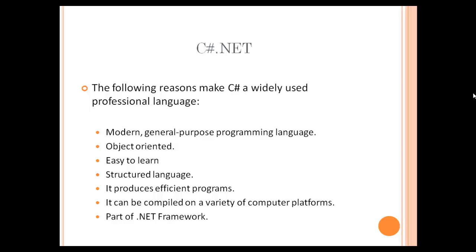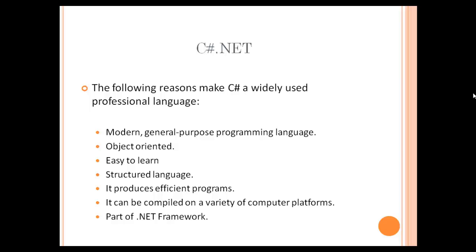One, it's very modern. It's a general purpose programming language. Two, it's object oriented. We will learn all the object oriented concepts later. The third one, it's very easy to learn. C#.NET is one of the easiest languages to learn compared to Java and others.